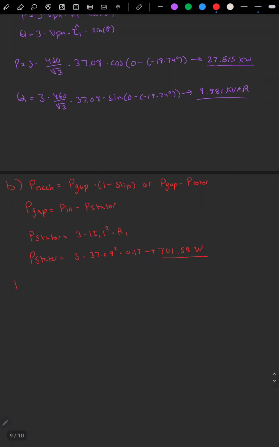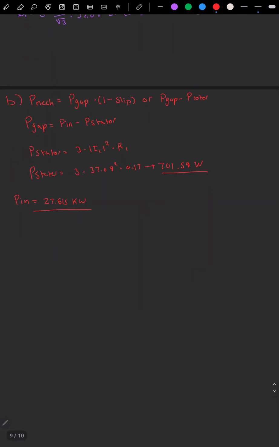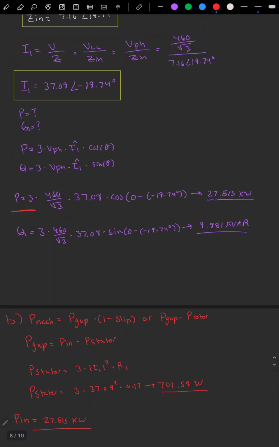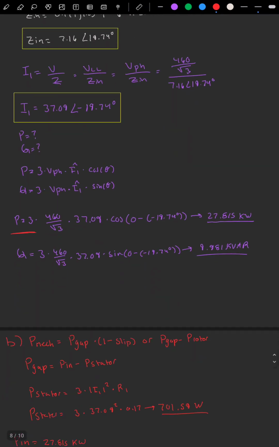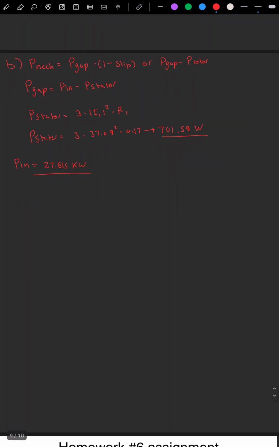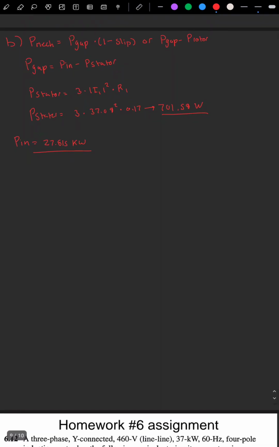From earlier, we know P in equals 27.815 kilowatts. That's exactly from right here. And we know that because we are calculating the power using the I1 current, which is the input current, or the motor current. So that's why we know it's P in.